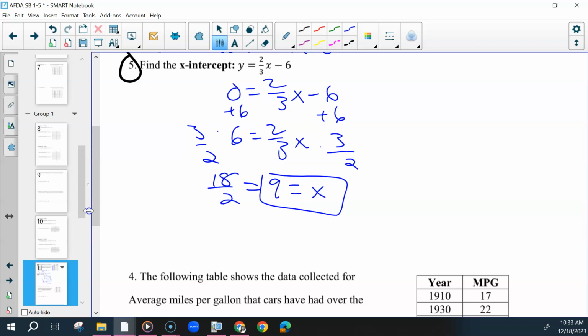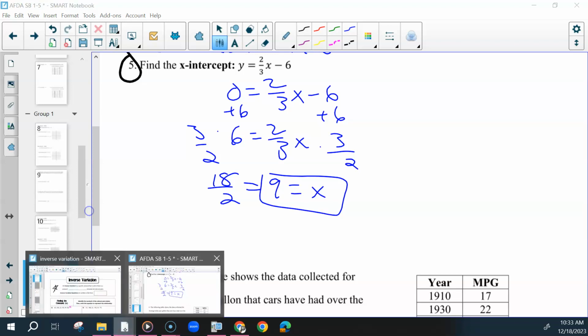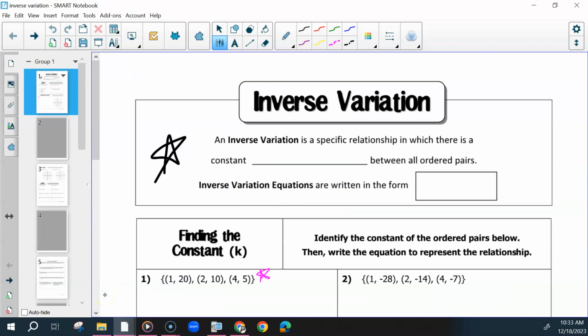So last class we talked about direct variation. Inverse is going to go a little bit faster because it's really the same, but with different equations. So let's go on to that. If you want your direct out, so you can compare, you're more than welcome to take that out.